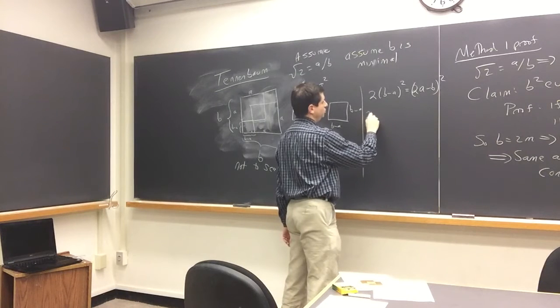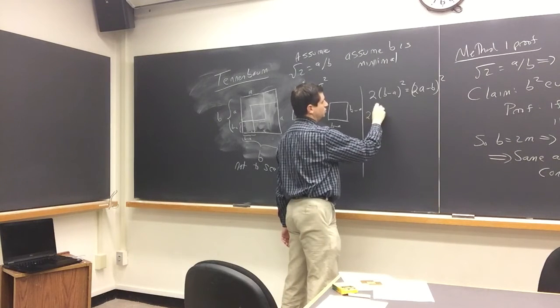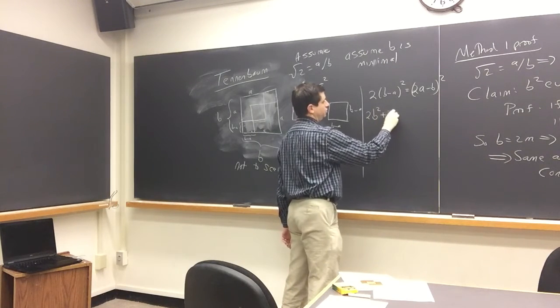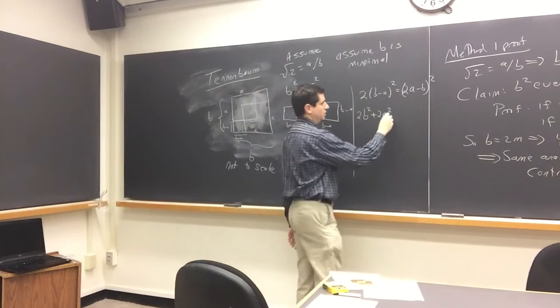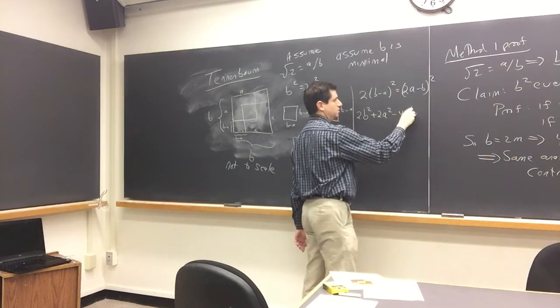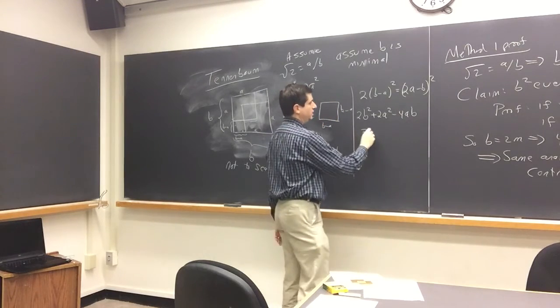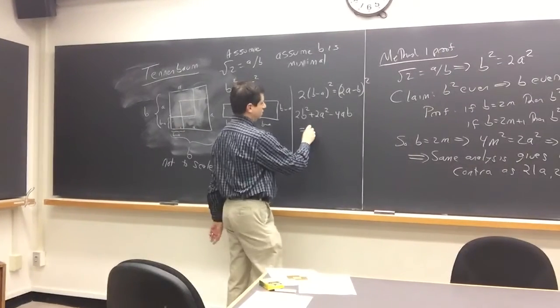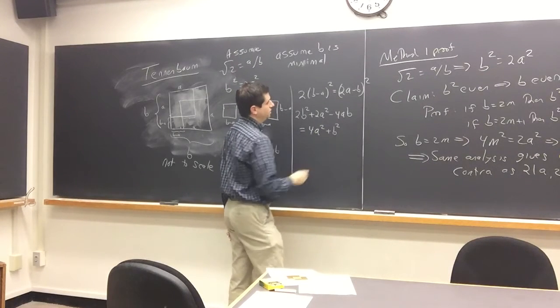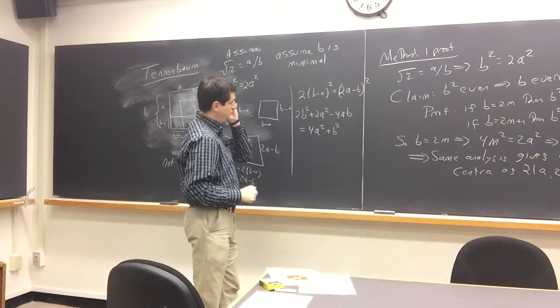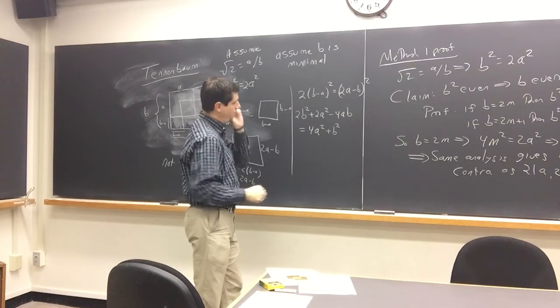We'll get 2b squared plus 2a squared minus 4ab equals, on the other side, 4a squared plus b squared, hopefully minus 4ab.